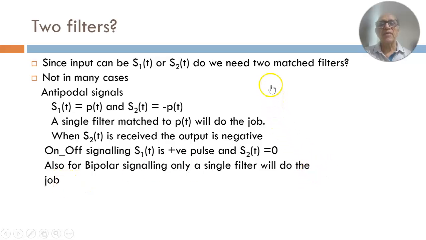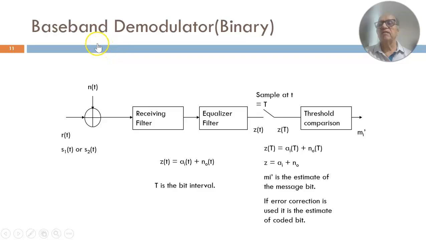Okay. So let us now look at the complete baseband demodulator. So r(t) plus n(t), that is the received signal. The incoming signal can be either s1(t) or s2(t). Understand this r(t) is the summation of either s1(t) and n(t) or s2(t) and n(t).